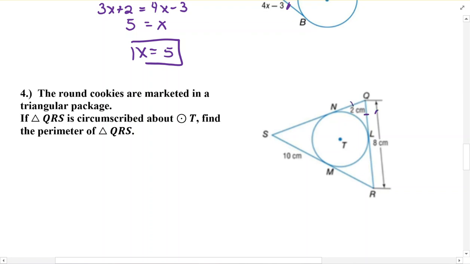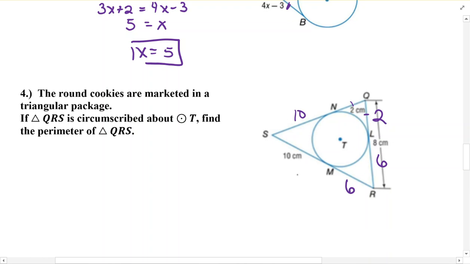So the length of QL here would be 2, which leaves the length of LR as 6. LR and RM are both tangent to circle T, so MR also has to be 6. SM and SN are tangent to circle T, so SN also has to be 10.